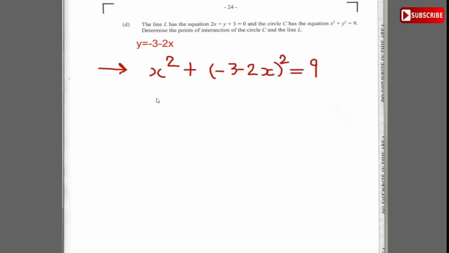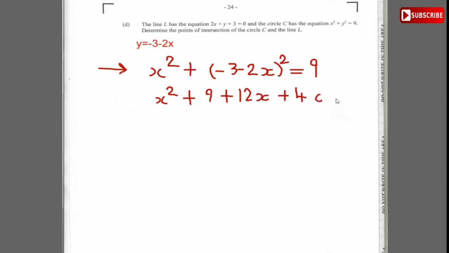So what we get is x squared plus: minus 3 squared is 9, plus twice the product, 2 times 2 is 4, 4 times 3 is 12, so plus 12x, plus the last term squared, 2x all squared is 4x squared.